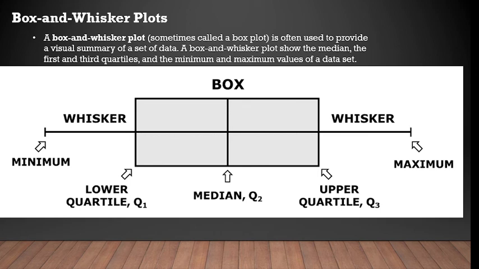As you can see, there is a box that divides into three parts, and a horizontal line which is the whisker, showing the minimum and maximum. Next, please.